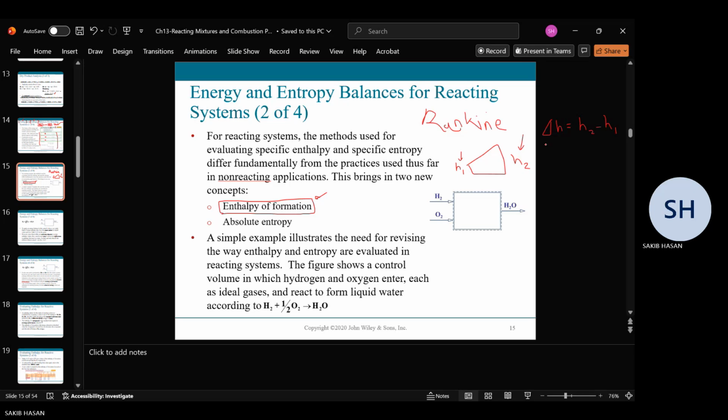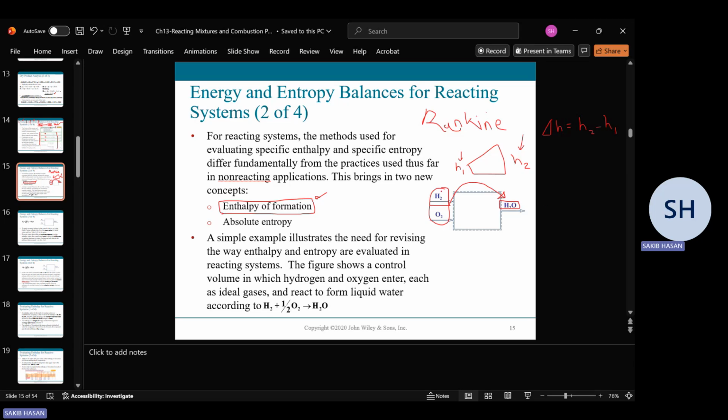However, the issue with combustion reactions is that when you have this reaction going on, it takes in these reactants, and in the product mixture, it changes them via chemical reactions. It changes them so that they physically don't exist on this side.